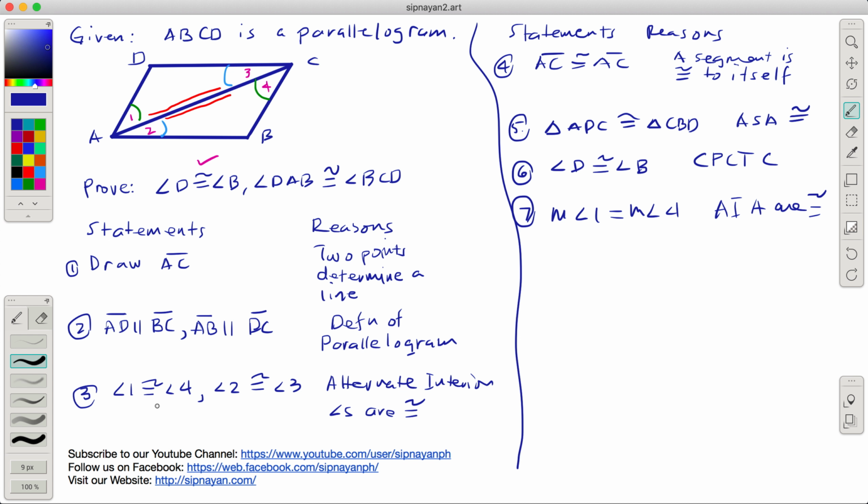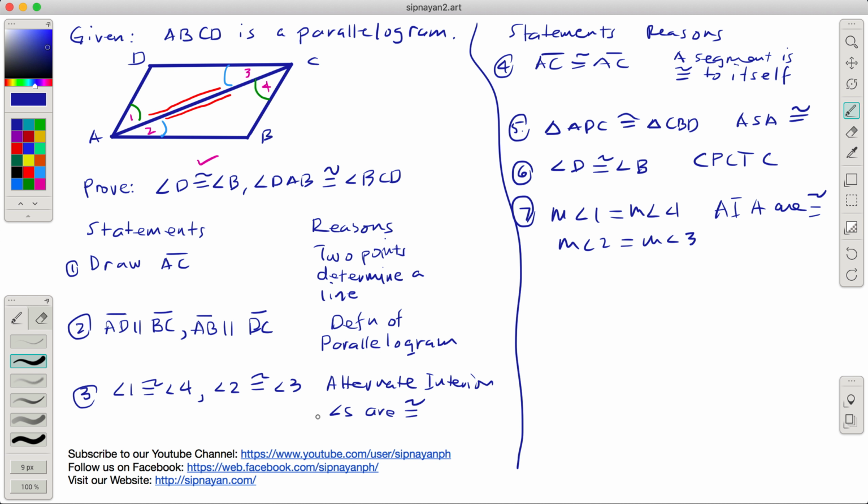Ito actually yun, from here, no? Pag congruent sila ay equal yung kanilang measure. Measure of angle 2 is equal to measure of angle 3. So, ito yung reason yan. Pag alternate interior angles are congruent, pag congruent yung dalawang angles, ibig sabihin equal yung measure nila.